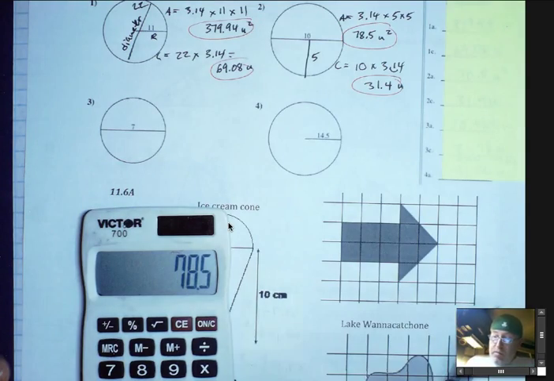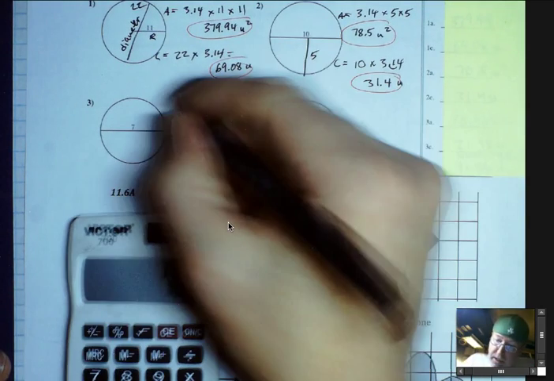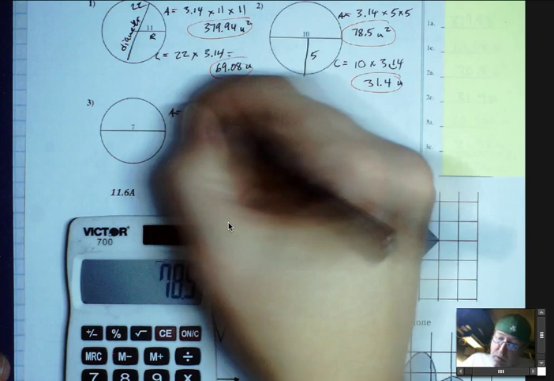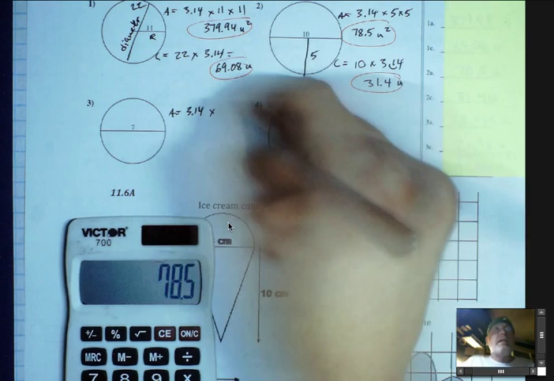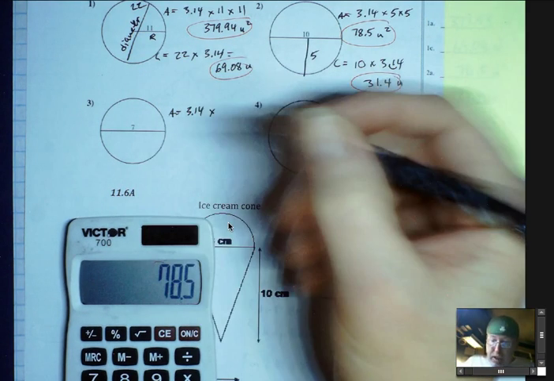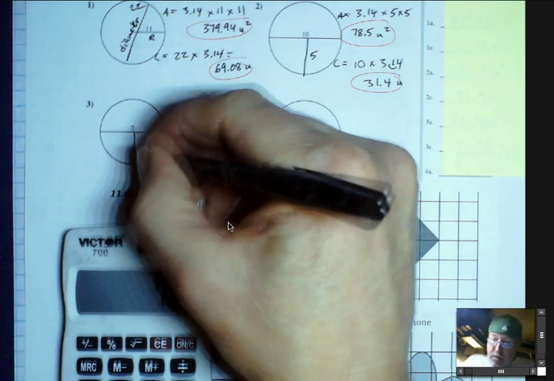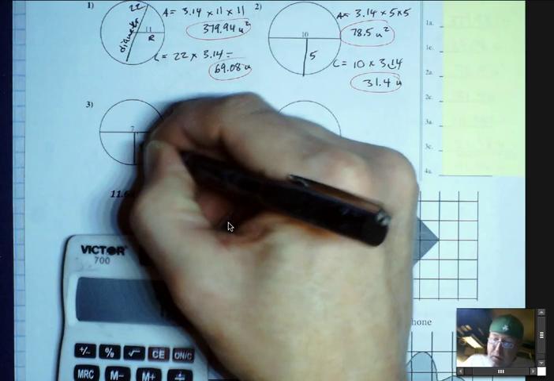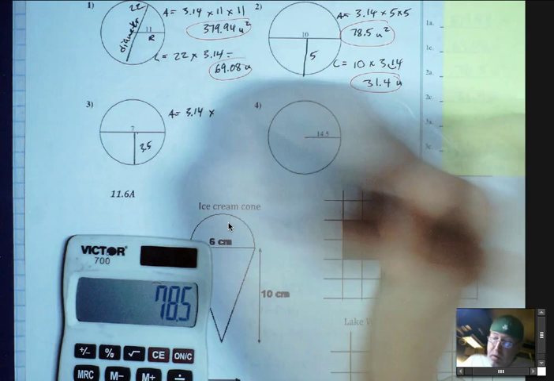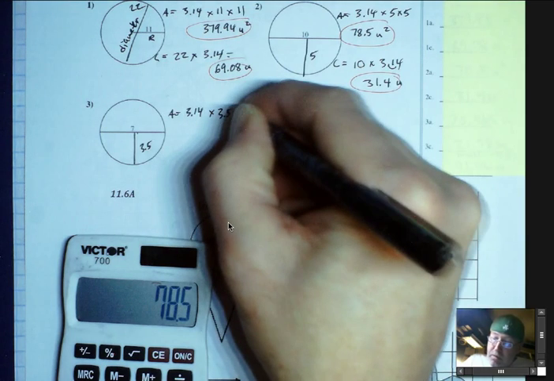Okay, this next one, we go ahead and write area is equal to 3.14 times the radius times the radius. Now here we got a diameter again, so we got to make a radius. Radius will be half the diameter, so that's 3.5. So times 3.5 times 3.5.